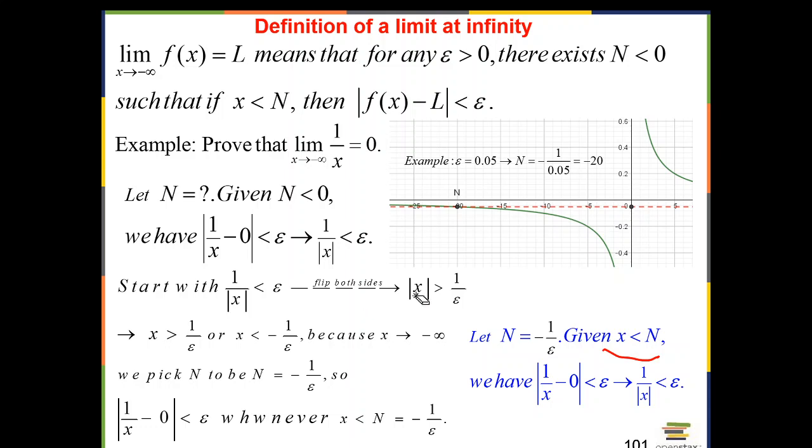So when x is negative, the absolute value is actually negative x. Let's put it this way. So let's put a negative here to correct it. And then we multiply by negative and we get this, right? So now this looks like what? This looks like this. And we let N be what? Negative 1 over epsilon. So we complete our proof. We say N has to be negative 1 over epsilon, and given x is less than N, then this is true. Okay? All right.